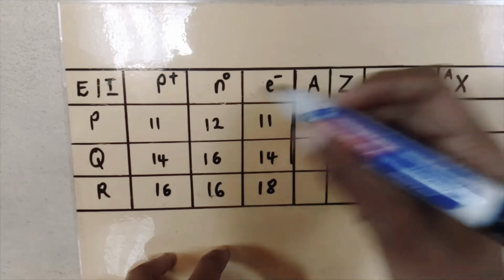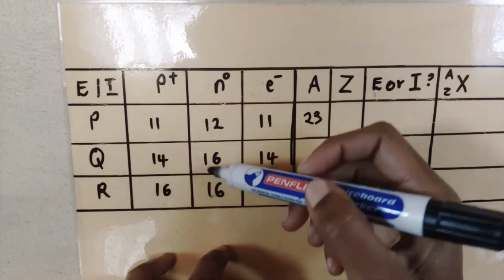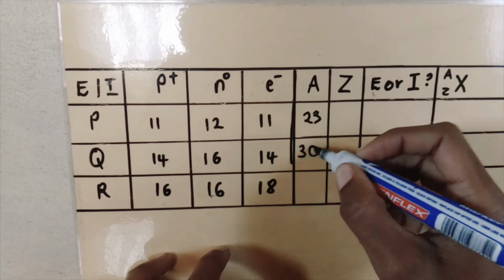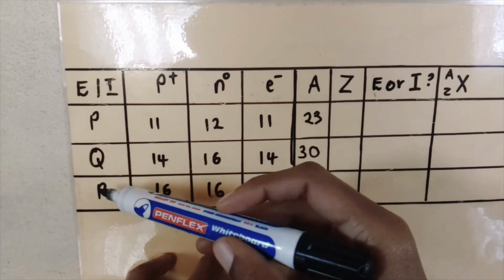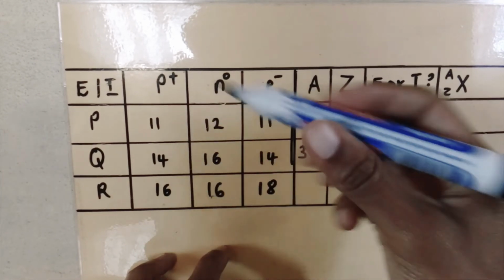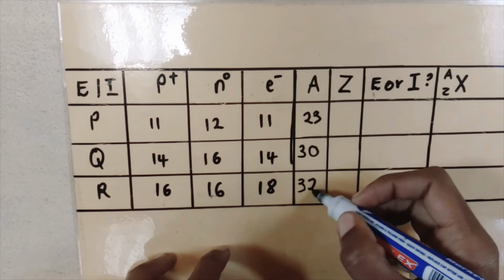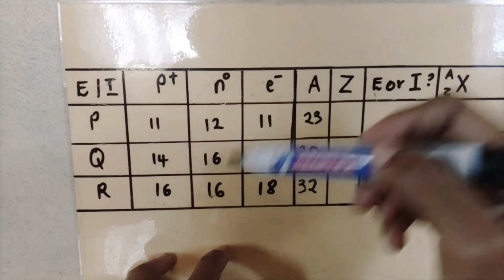The atomic mass for P is 23. For Q, 14 plus 16 is 30, meaning the atomic mass for Q is 30. For R, it's 16 plus 16, meaning the atomic mass for R is 32. Atomic mass is just the number of protons plus the number of neutrons.